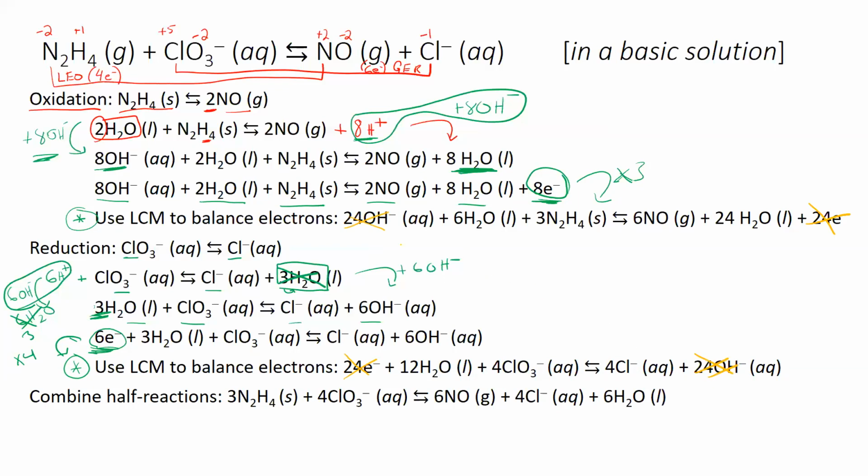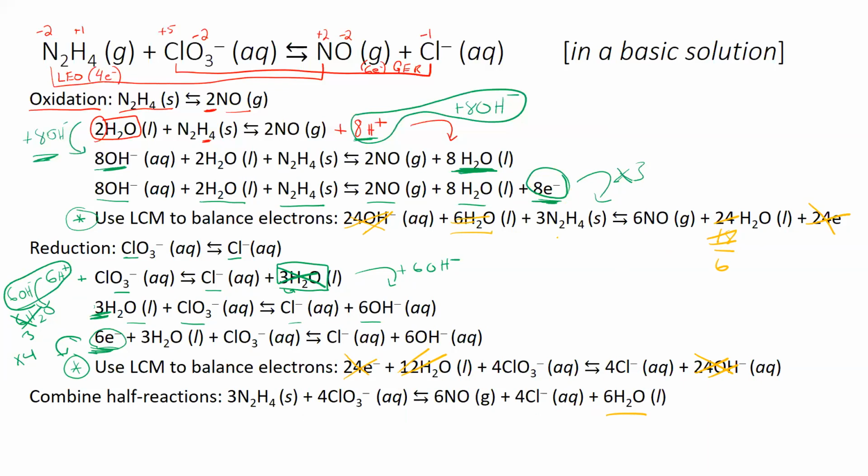There are 6 waters here, and over here there's 24, so those 6 can go away. We're left with 18, and those 18 and the 12 will cancel out 6 more, so we can get rid of all 12 of those waters. We're going to be left with 6 waters, and that's what we will have here.